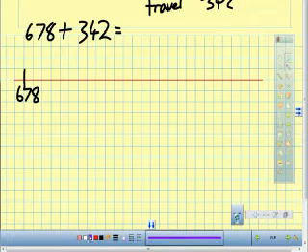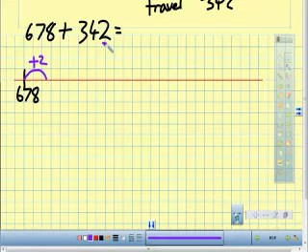Okay, so again, here's my wee frog, and the first thing I'm going to do is jump up 2, not because this is a 2, that's irrelevant, just a coincidence, but because it takes me to 680.